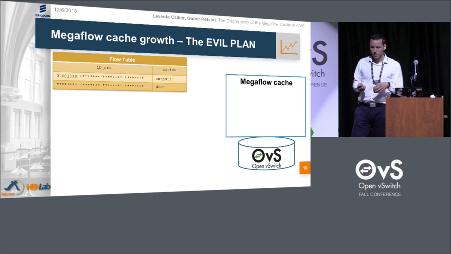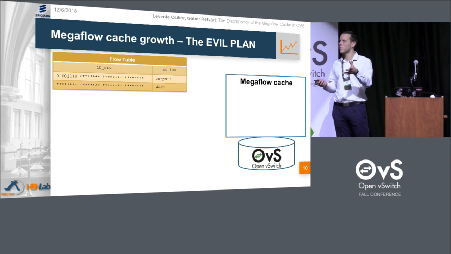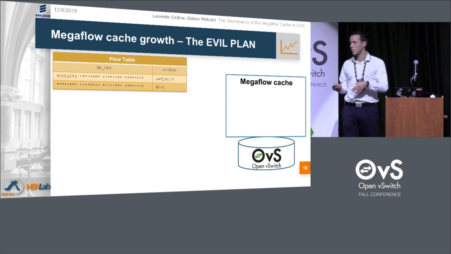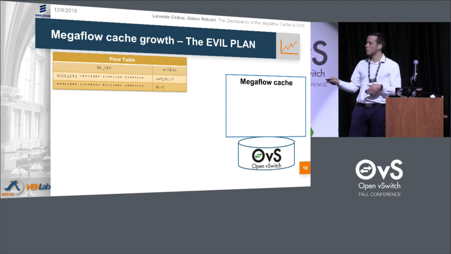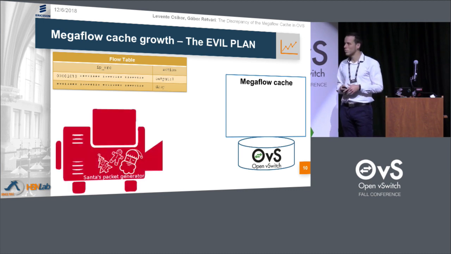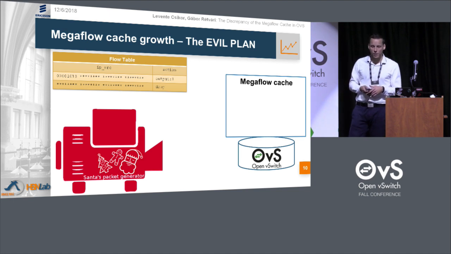So yeah, this is an evil plan. How can I make this Megaflow cache representation or materialization in my data path? I have the same flow table as before, and I just received a Voodoo packet generator from Santa.